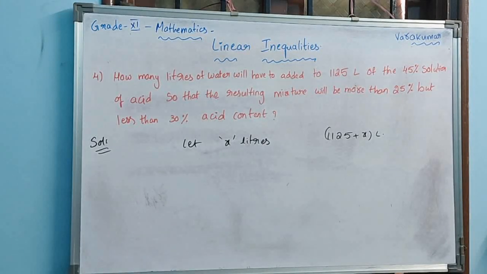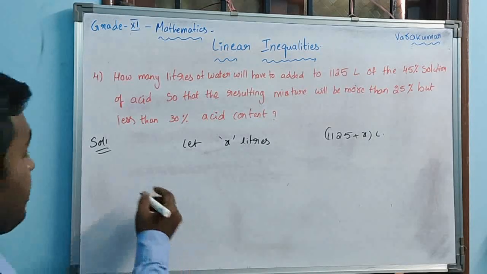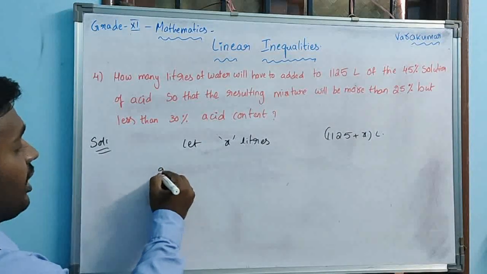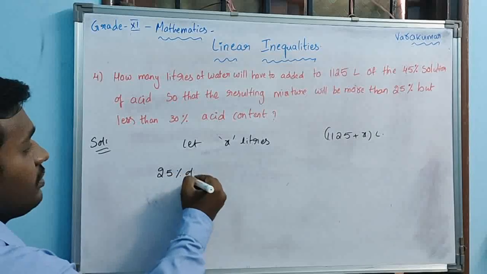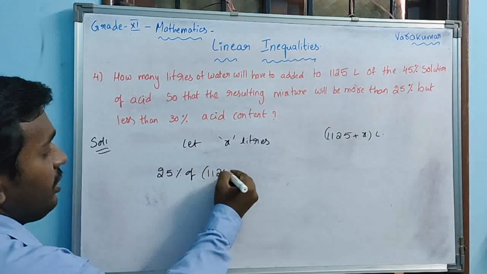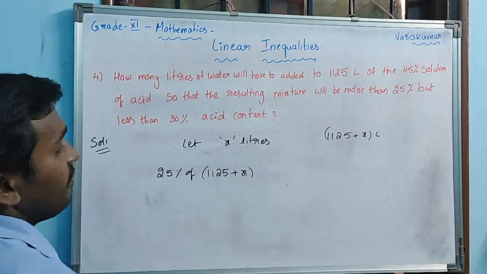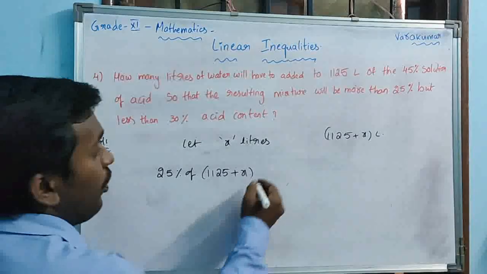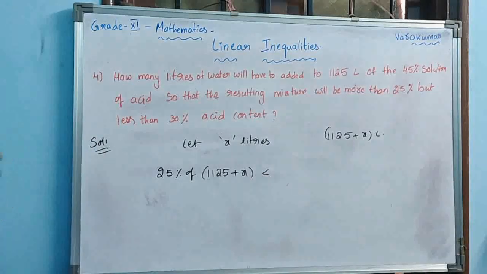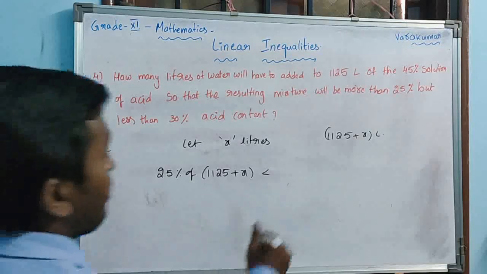How can we write according to this statement? 25% of (1125 plus x) will be more than the acid content. How much acid content do you have? 45% of 1125.